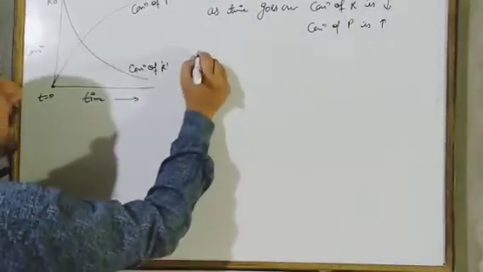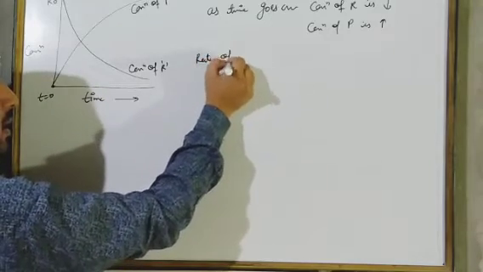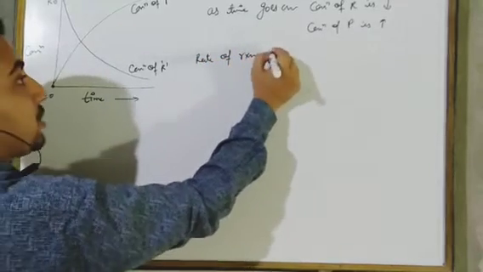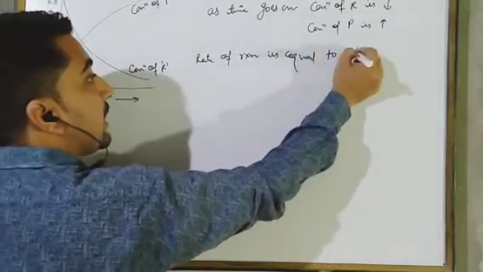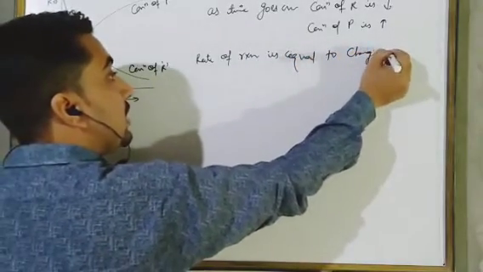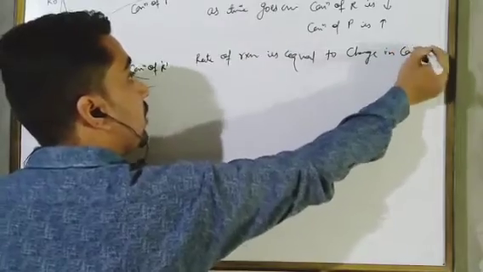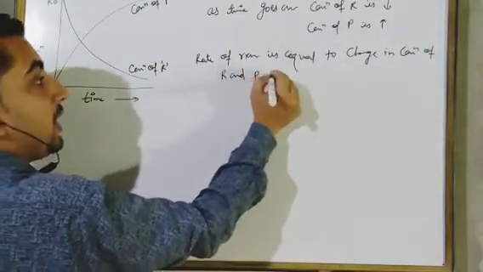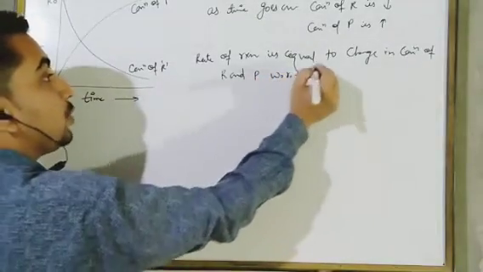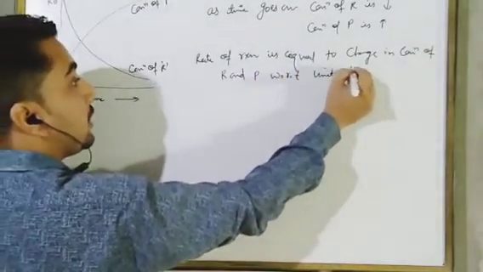So rate of reaction is equal to the change in concentration of reactant or product with respect to unit time.